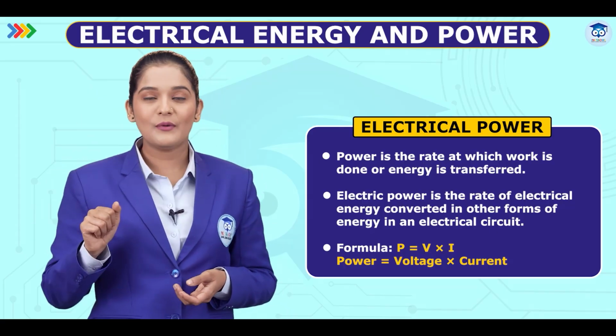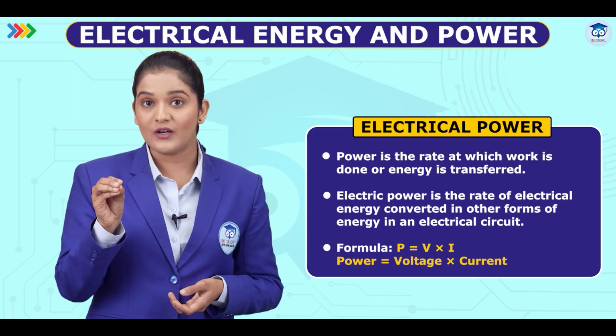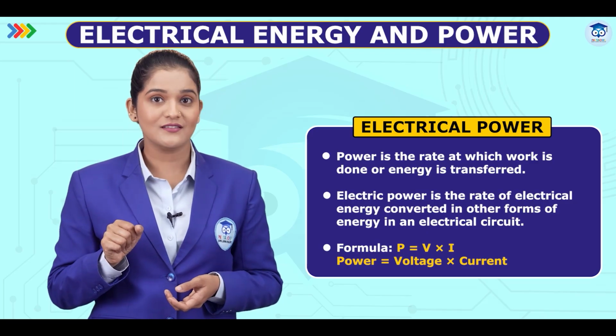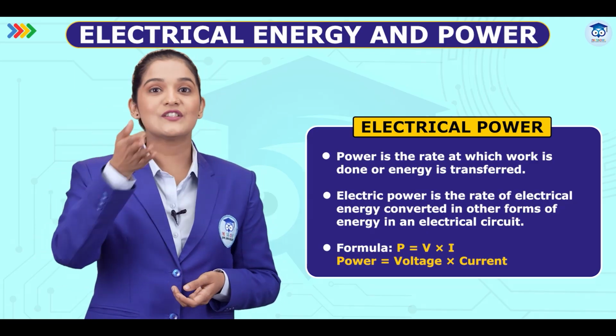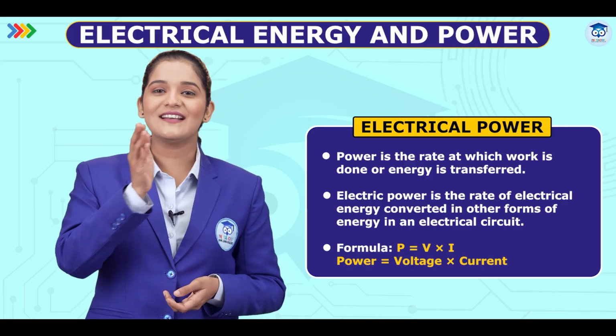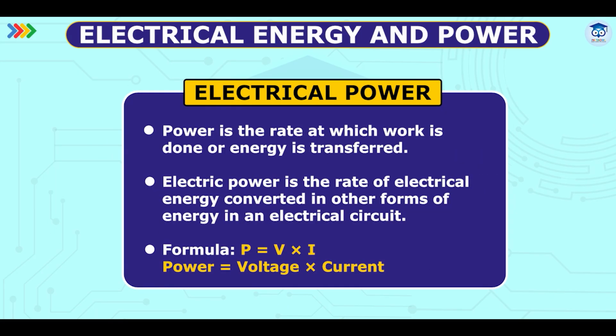The basic formula to calculate electrical power is given by the expression power equals voltage multiplied by current. Mathematically, this is written as P = V × I, where P is the power in watts, V is the potential difference in volts, and I is the current in amperes.